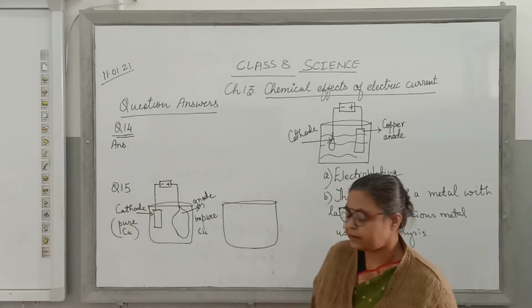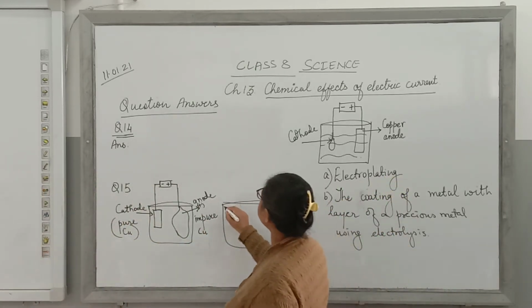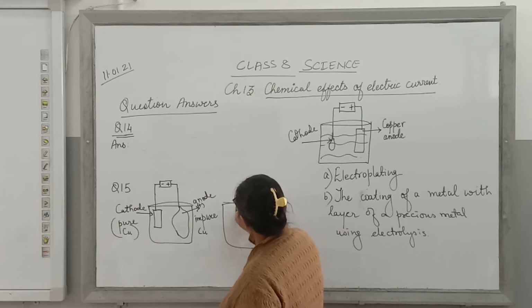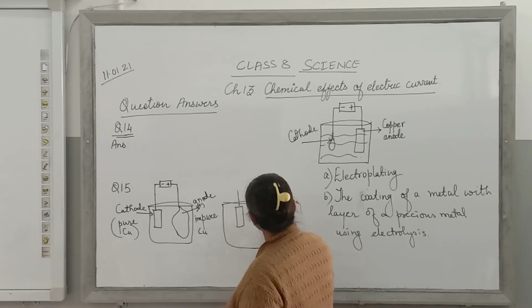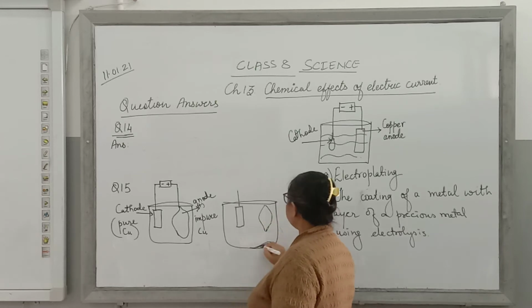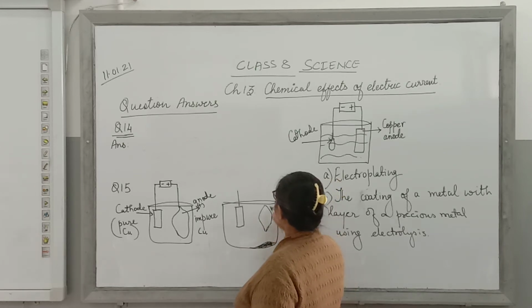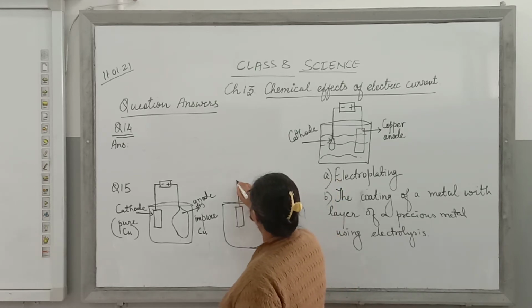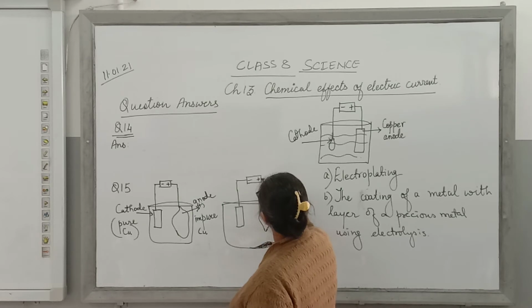Then in the figure which is given just at the side of this, again we have these two electrodes. Now this anode has become smaller and there is a deposition at the bottom of the anode. So here again we have to label this. This is negative end of the battery, this is positive end.